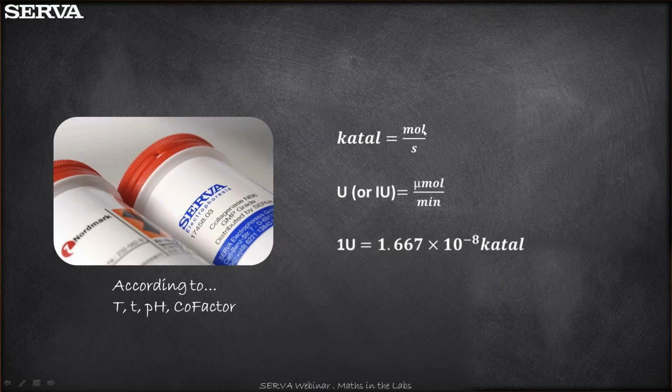So instead of mole per second, you use micromole per minute. You get a lower number, so a shorter number, and it's more comfortable to work or calculate with. This equation here is only the conversion of the units, from mole to micromole and second to minute, nothing else.